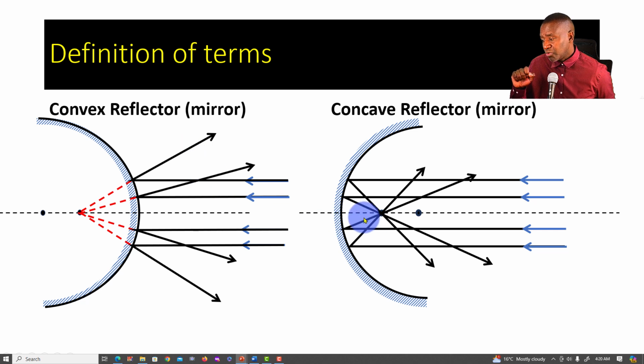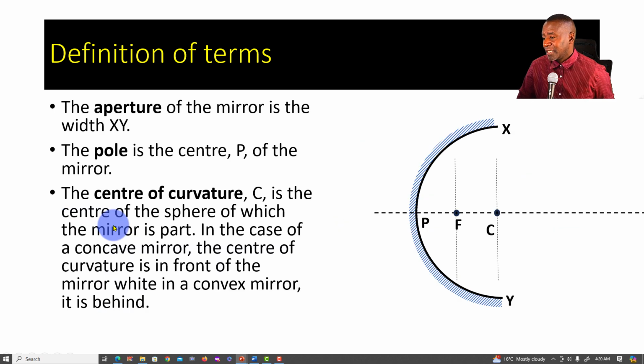So that is the difference between a real principal focus and a virtual principal focus. For a real principal focus, reflected rays actually pass through it. For a virtual principal focus, reflected rays just appear to diverge from it. Notice that particular difference there.